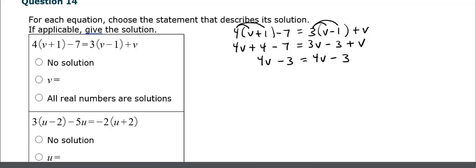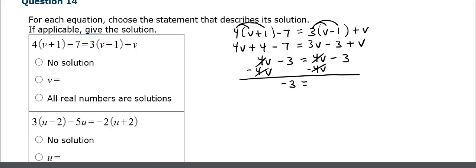Now at this point, we know that our answer is all real numbers since the left-hand side equals the right-hand side. But another way you can tell as well is when we go to isolate and I'm moving the 4v from the right-hand side to the left-hand side by taking its opposite. The variable is eliminated on both sides.